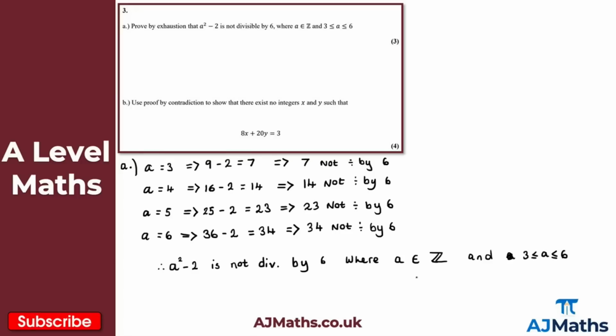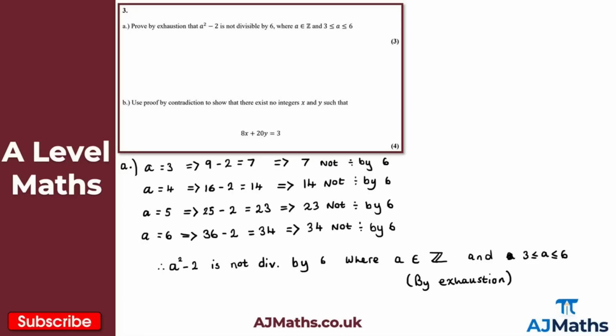We've done this by exhaustion. We don't really need anything else, so we've proved each possible case: a equals 3, a equals 4, a equals 5, and finally a equals 6. So there we have it. That's the solution to part A, the proof by exhaustion complete.